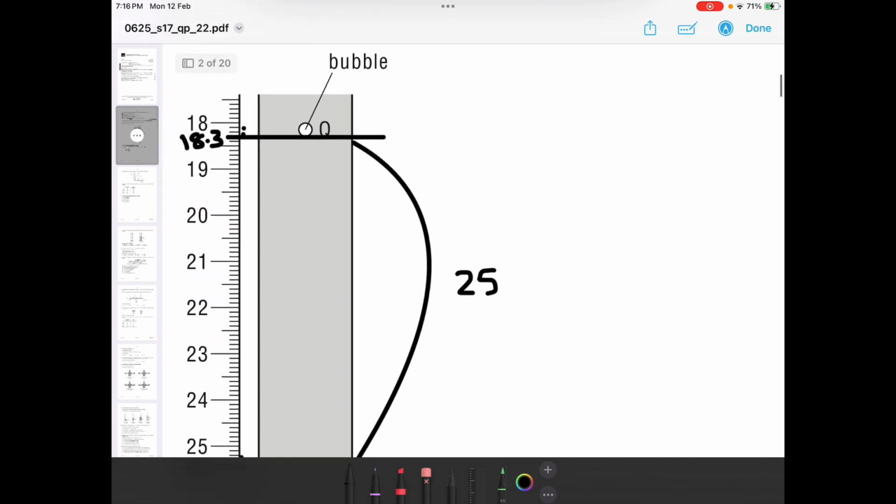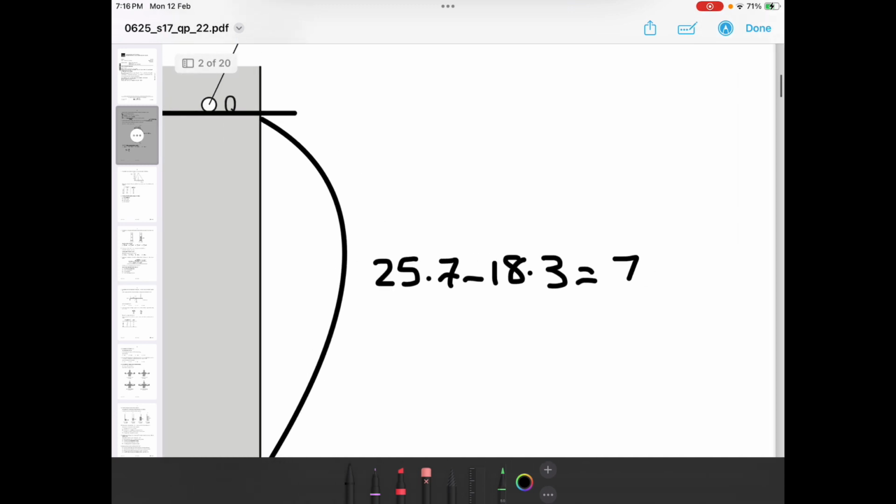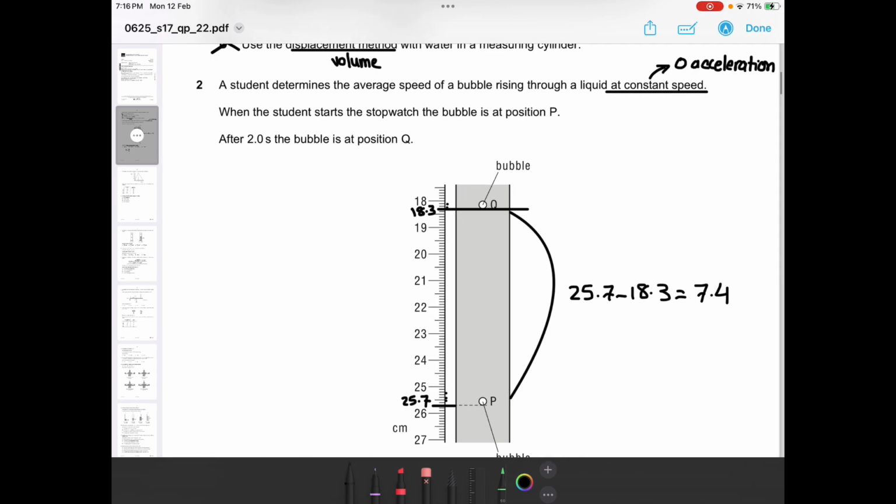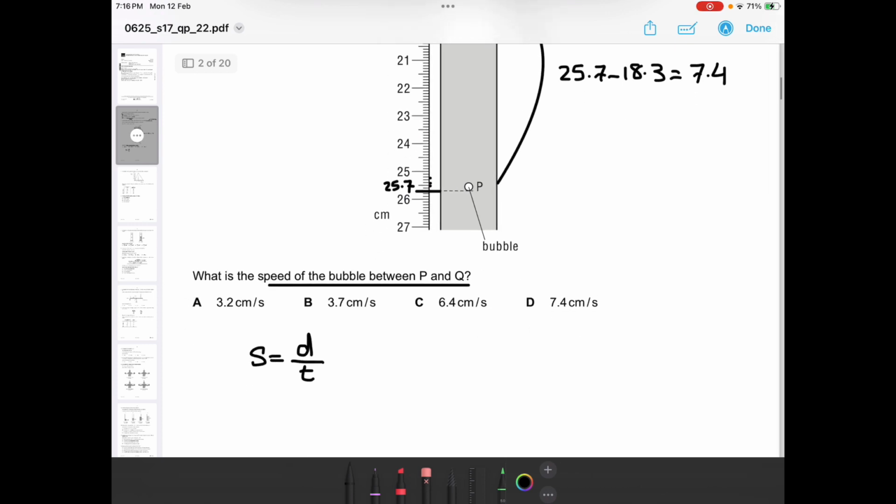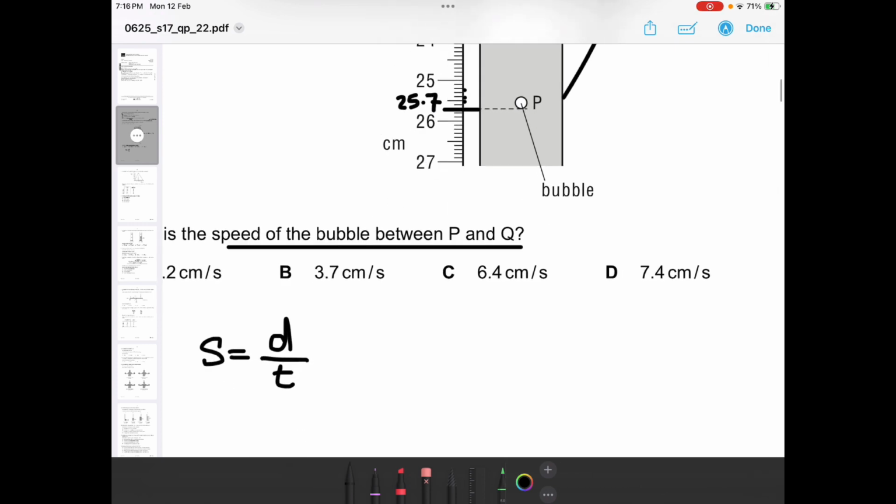So if we do 25.7 minus 18.3, this will give us 7.4. Time taken is 2 seconds, so it is 7.4 over 2, which is 3.7. The answer is B.